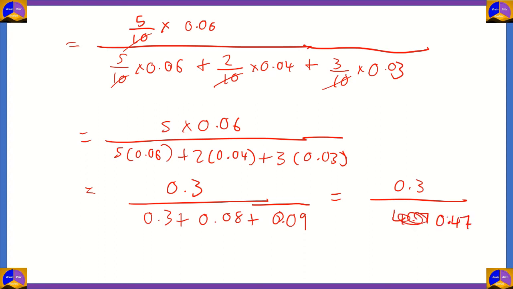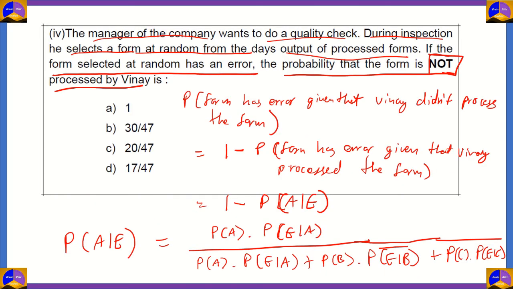Now we can write this as 0.3 divided by the denominator, which will become 0.47. Now we just multiply by 100 on both sides and we get 30 by 47 as our P of A given E. Now the probability that we have to find out is 1 minus P of A given E. So 1 minus P of A given E is equal to 1 minus 30 by 47.